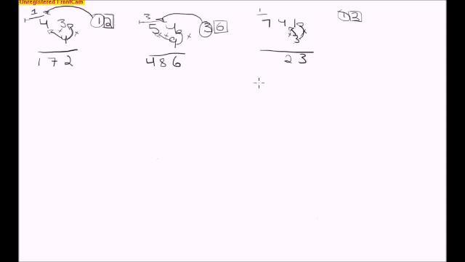So then you do 3 times 7. 3 times 7 is 21, plus the 1 is 22, and the answer is 2,223. So that's pretty much how you multiply a triple digit by a single digit number. And let's go over multiplying double digits by double digits.